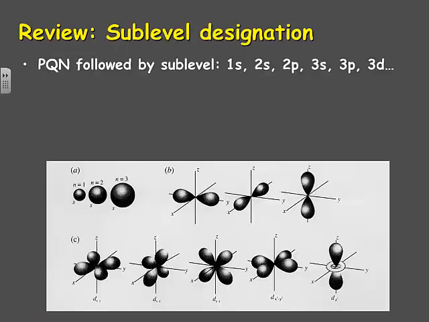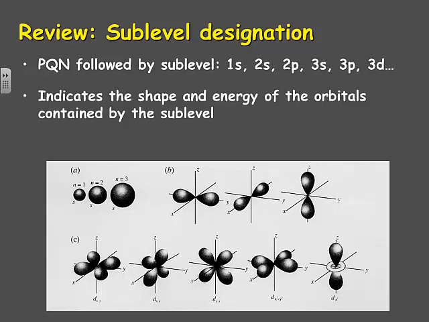The sublevel designation is shown with the principal quantum number followed by the sublevel. So examples of sublevel designations are things like 1s, 2s, 2p, 3s, 3p, 3d, and it would go on, 4s, 4p, 4d, 4f, etc. The sublevel designation indicates the shape and energy of the orbitals contained by that sublevel.